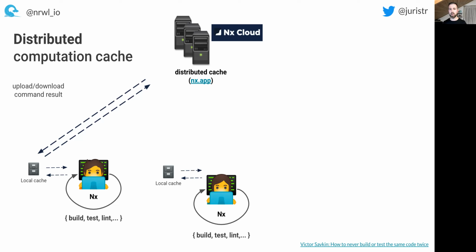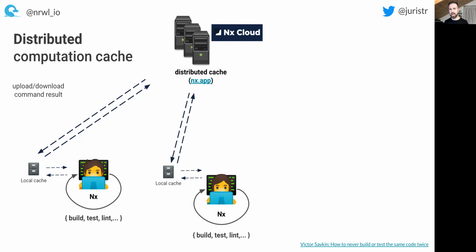If my teammate now comes into work and boots up the NX workspace, executes a test run again, which happens to overlap with some of the tests that I've executed, those wouldn't be executed again, but would simply be taken down from NX Cloud into the local cache and then restored from there. And so you can imagine that this already speeds up things a lot in your development team.